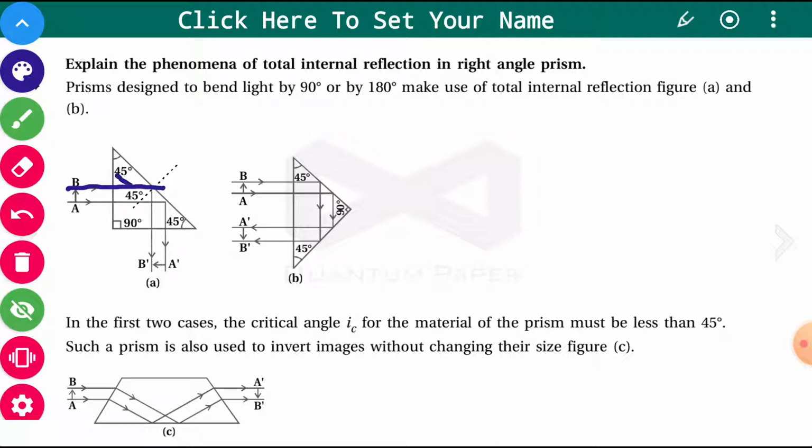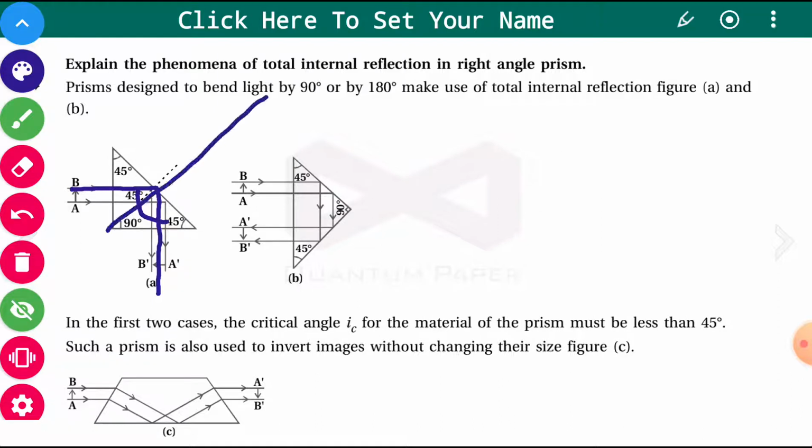This is your incident ray, and this dotted line is the perpendicular drawn at the point of incidence. Now this ray is, say, reflected this way. So here this angle becomes 90 degrees.